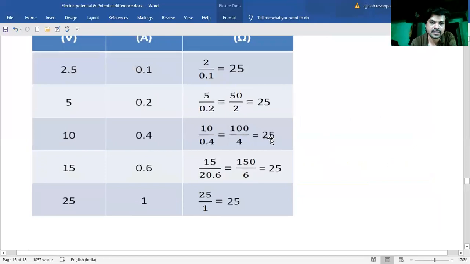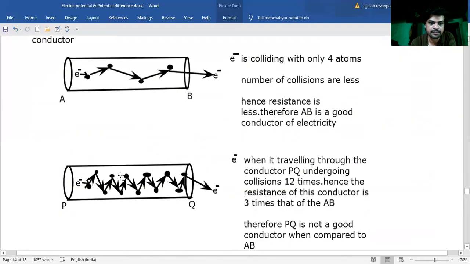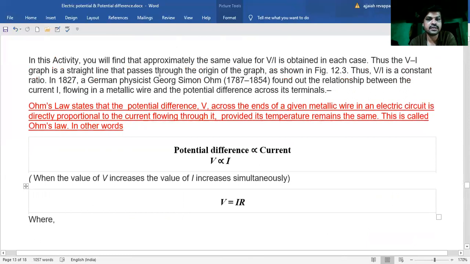What happens when the temperature increases? Inside the conductor, because of more temperature, so more energy, the electrons undergo more number of collisions inside. Then the current value decreases. Even if you are increasing the potential difference, the current value decreases, because the electron is not flowing with the required speed.